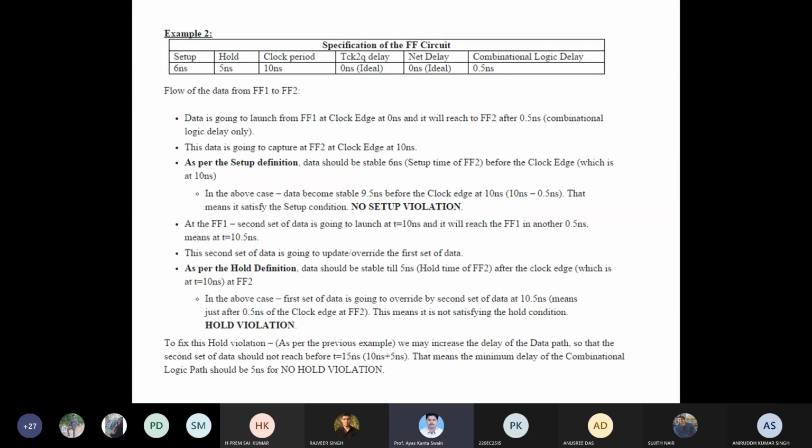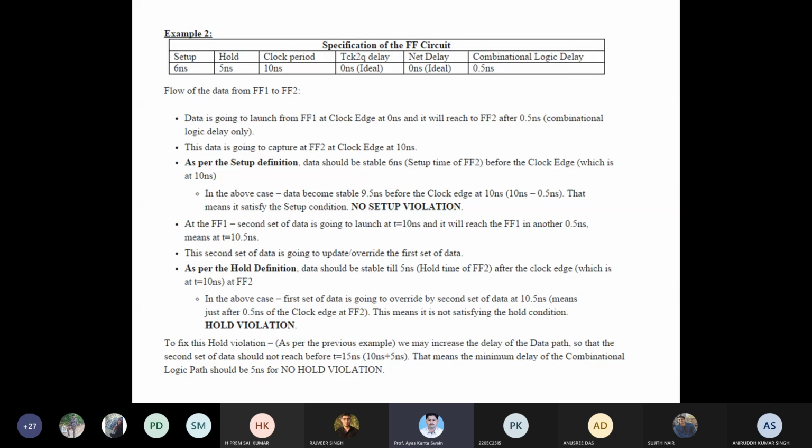So the first set of data, which was launched in the 0 nanosecond interval, must be stable up to 15 nanosecond, but the second set of data is launched at 10 nanosecond from the fast flip-flop and arrives at 10.5 nanosecond. So just 0.5 nanosecond after, it arrives at FF2, which means there is a hold violation.